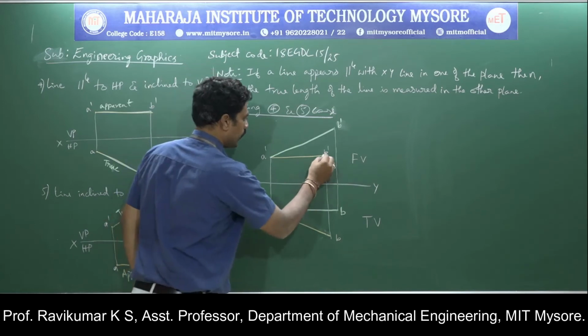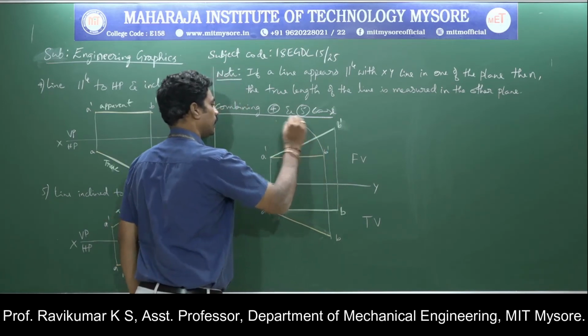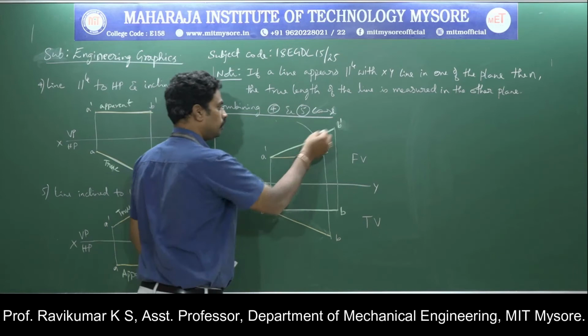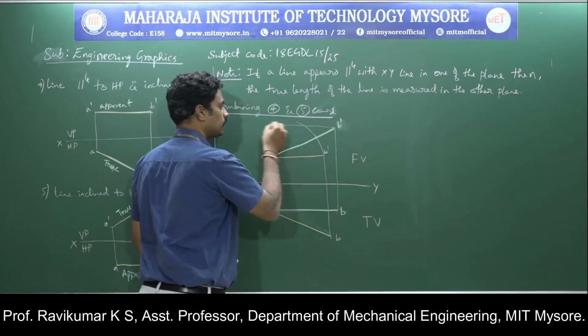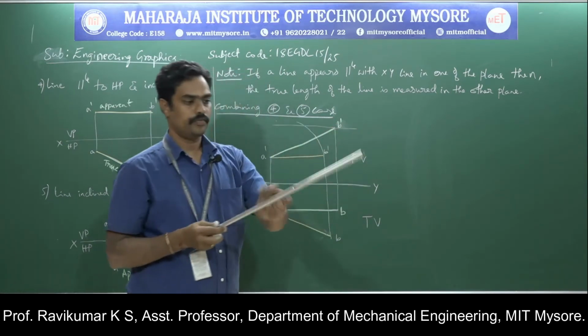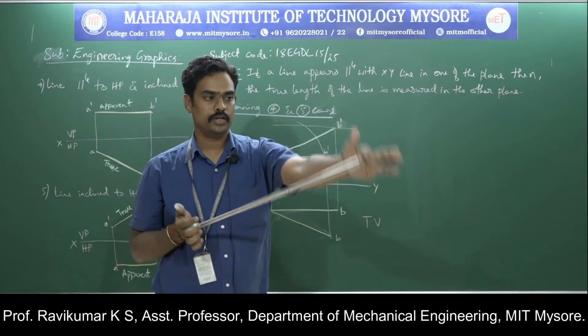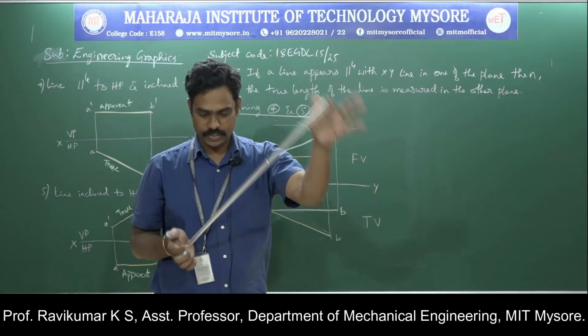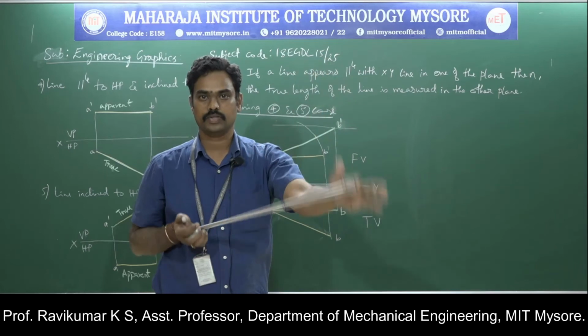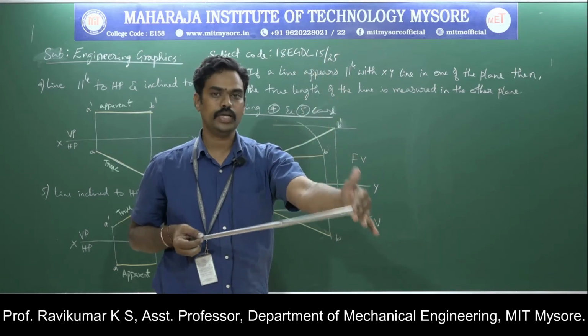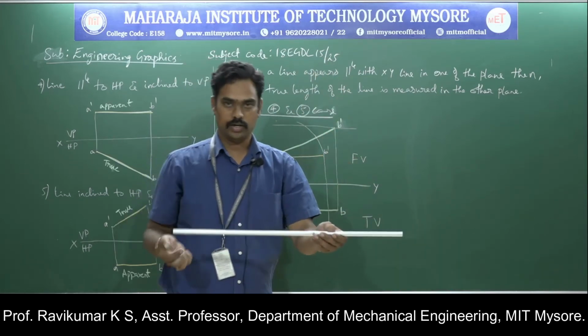So I am drawing a curve like this, and it should fall in the same locus, because if you draw a curve, the radius of the line is not going to change.